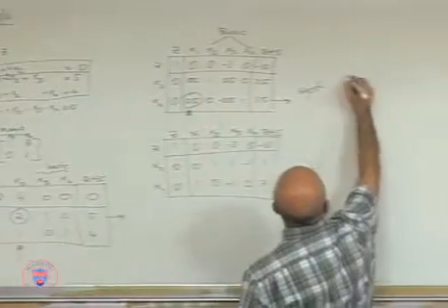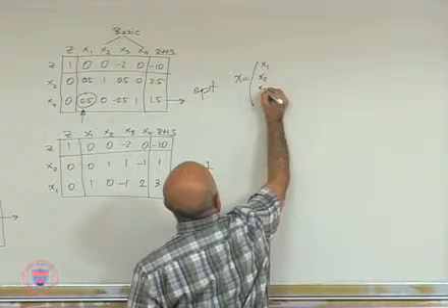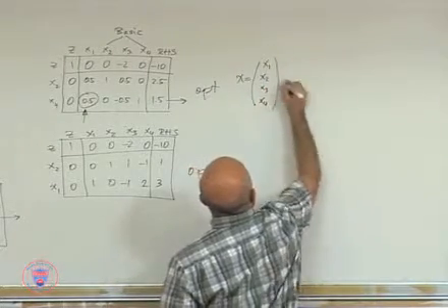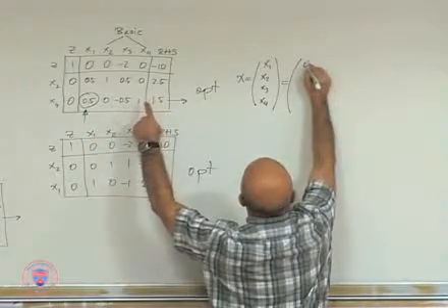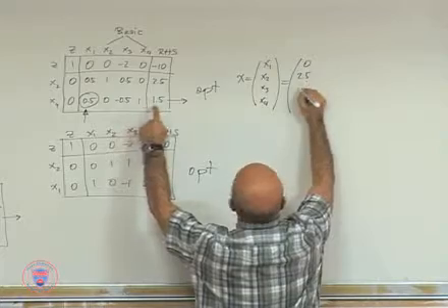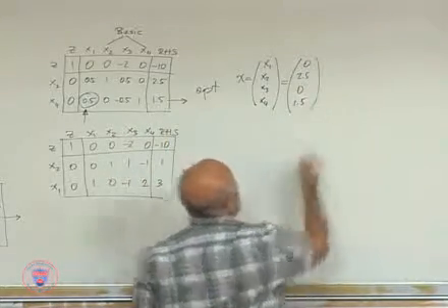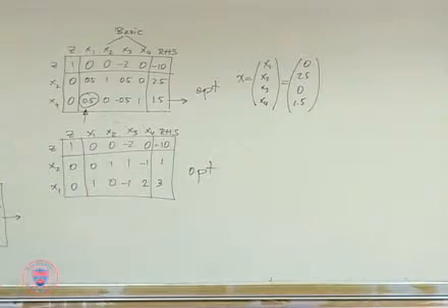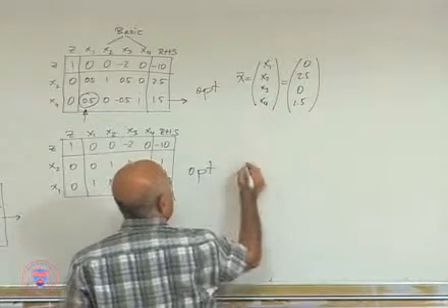The point here is x1 is non-basic and 0, x2 is 2.5, x3 is 0 because it's non-basic, x4 is 1.5. That's your extreme point in four-dimensional space. In this case, let's just call that x bar.